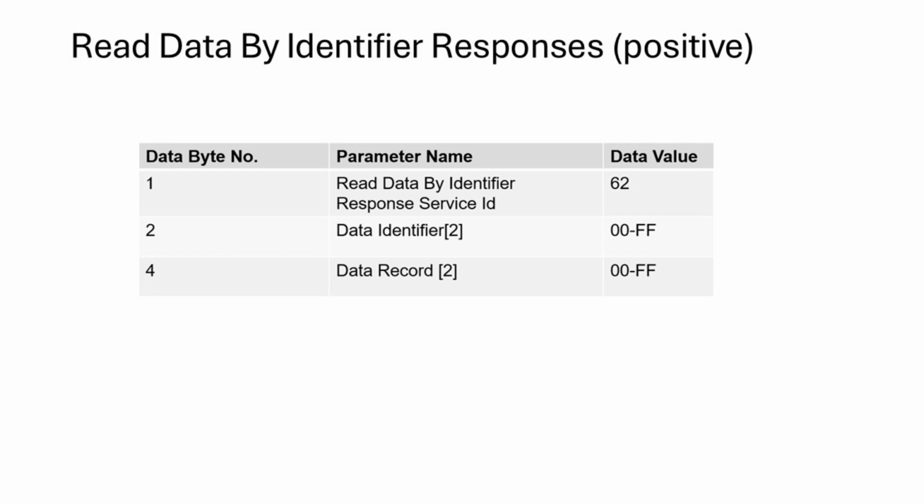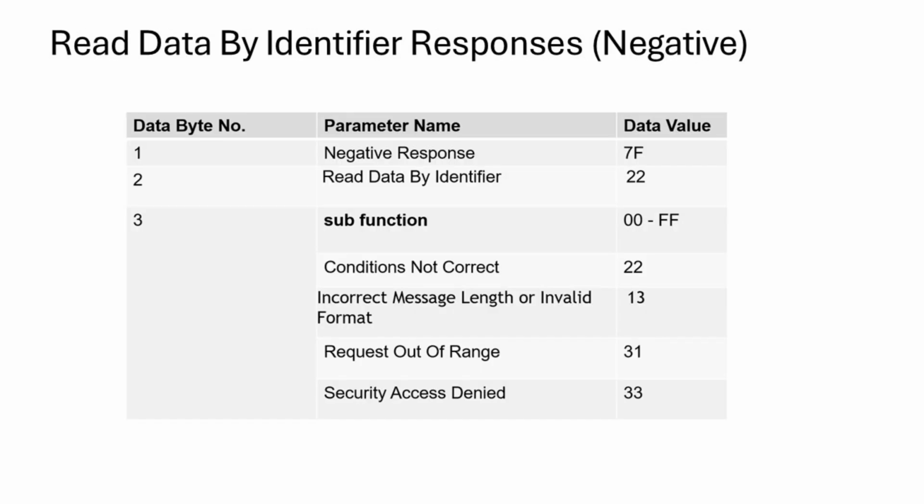Okay, so the negative response starts with 7F, and 22 is the service ID, and then the response code, for example, condition not correct. For the read data identifier, it purely depends on the implementation and requirement.